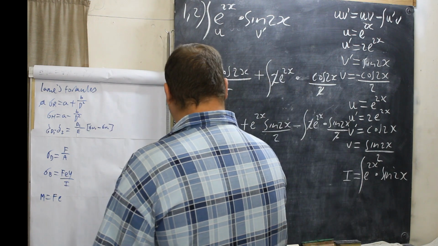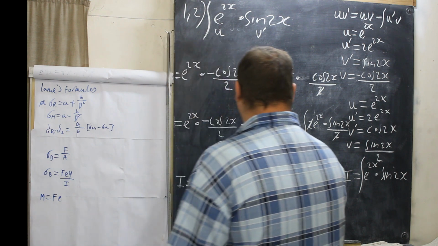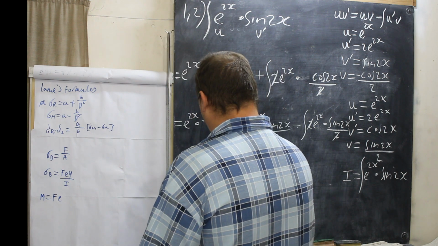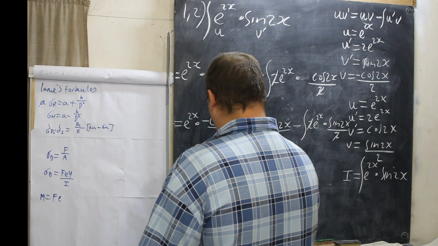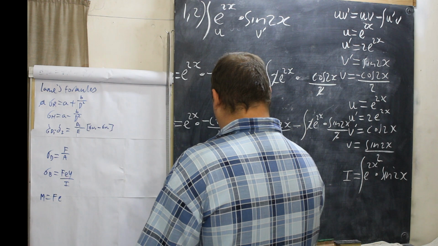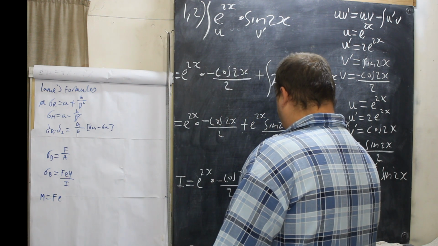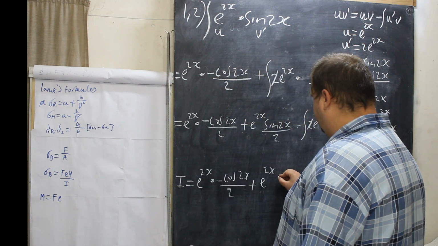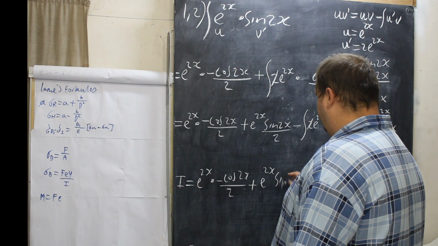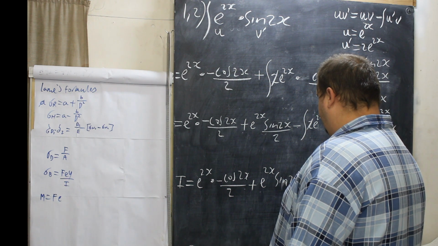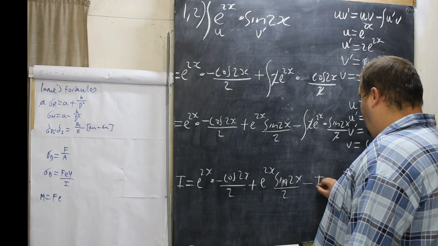So, I equals e to the 2x times minus cos 2x over 2 plus e to the 2x sine 2x over 2 minus I.